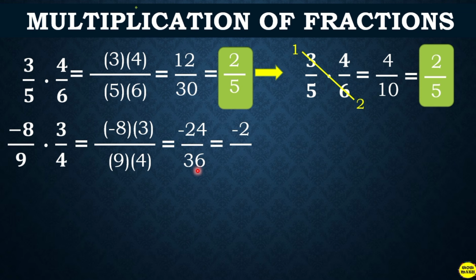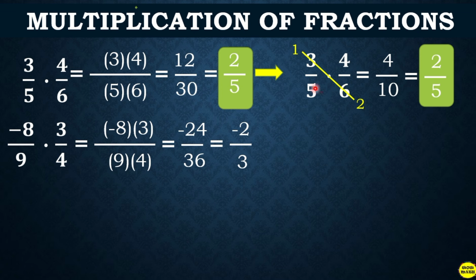And then, 36 divided by 12, that is 3. Now, bakit ito negative? Kasi this is negative. So we have negative 2/3. Or kung itong negative mo, ilalagay mo dito sa gitna, pwede rin po yon. So kahit dito natin siya ilagay, they are still equal naman.